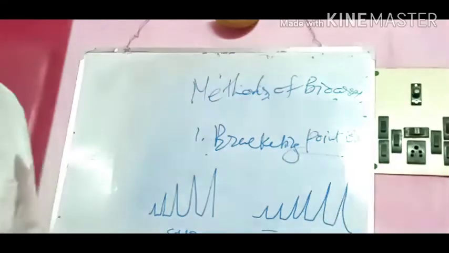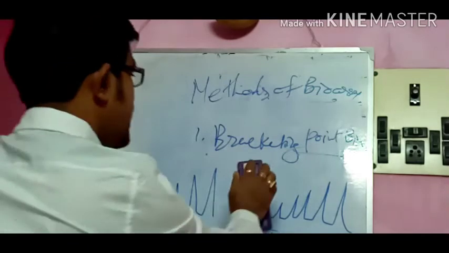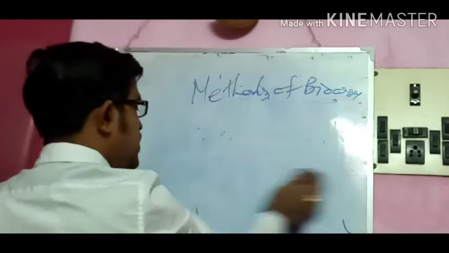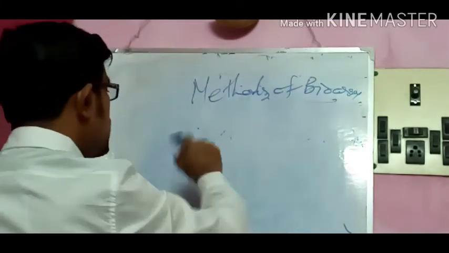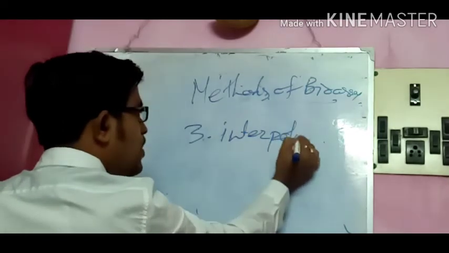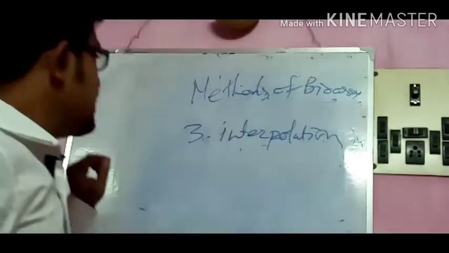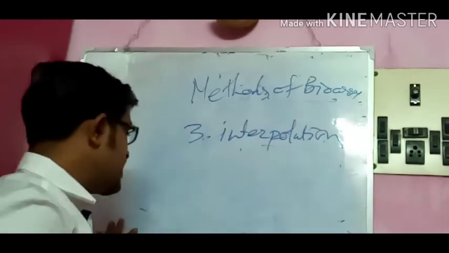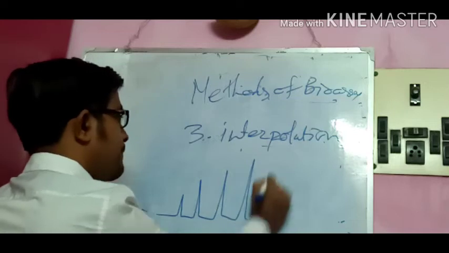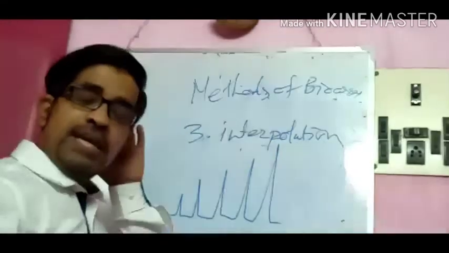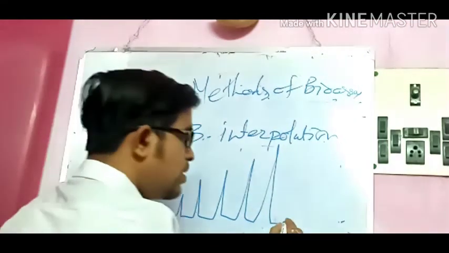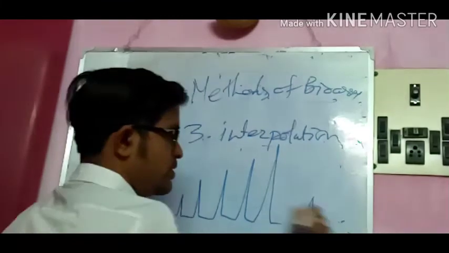The next method we are going to find out is called the interpolation method of bioassay. In this interpolation method, you have to take the standard DRC, then take one unknown response.